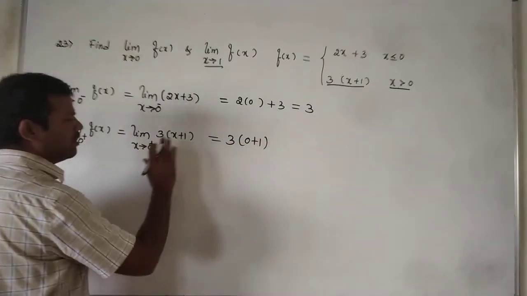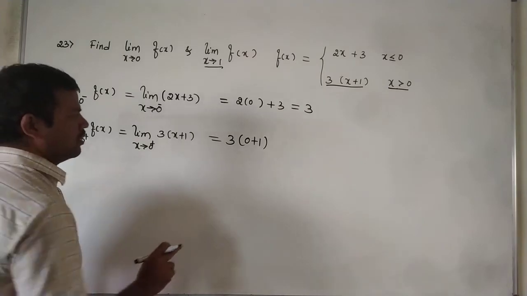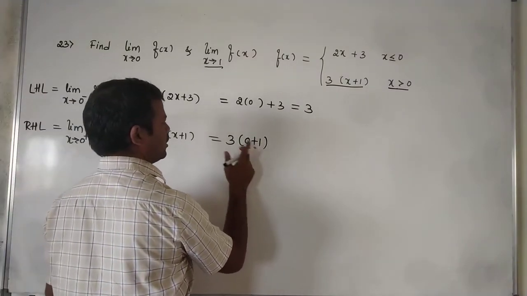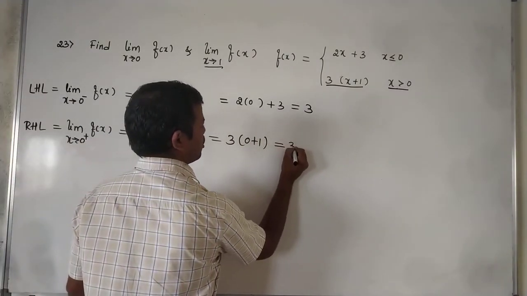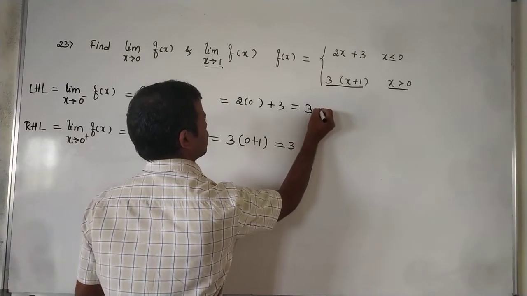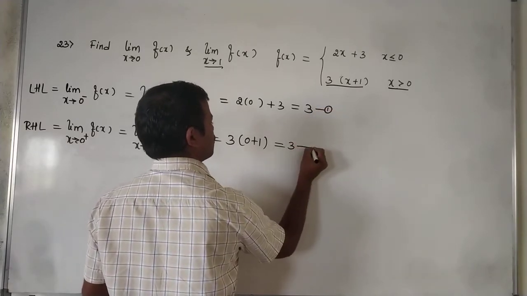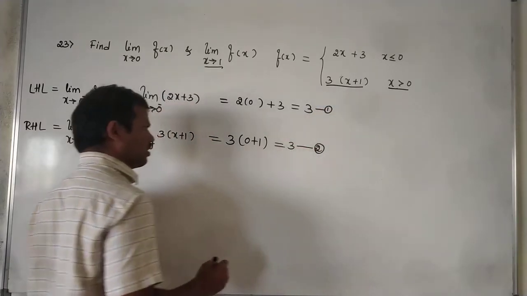After filling the limit, don't use that symbol. 0 plus 1 is 1, 1 into 3 is 3. So both are equal. We call this 1 and this 2.